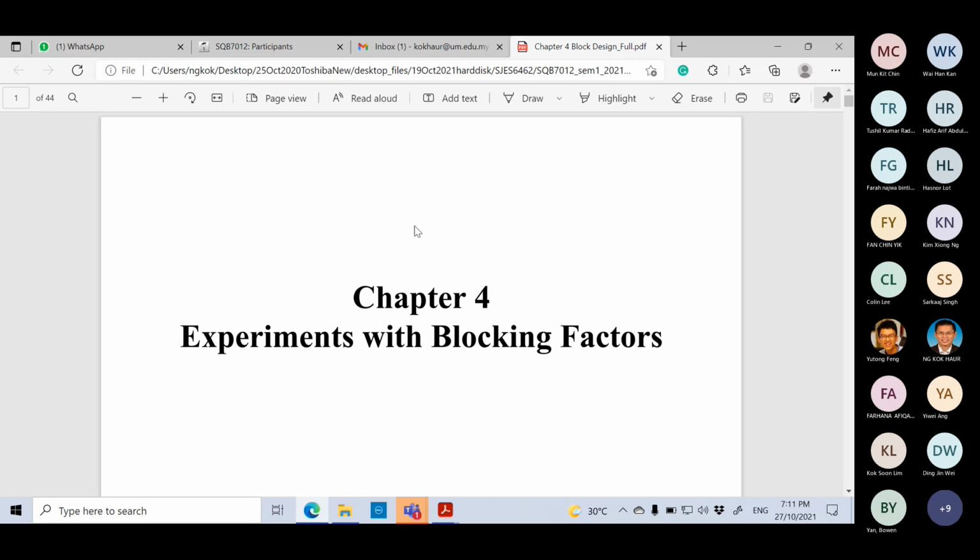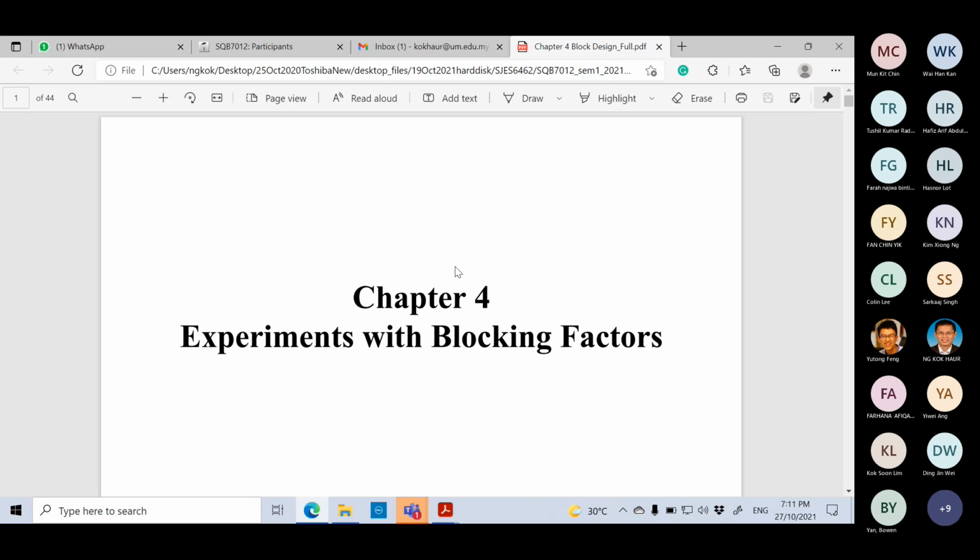Now I am using another software, because I think Microsoft Edge will be smoother for writing than the PDF I used just now. If you do not have any question, I will just continue until 7:30, then we have a break.